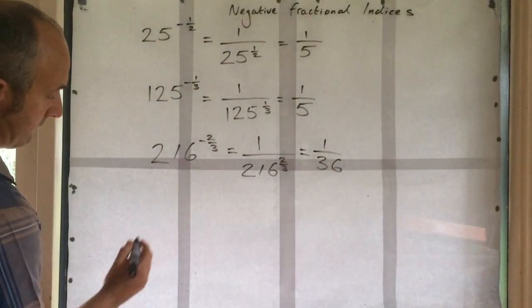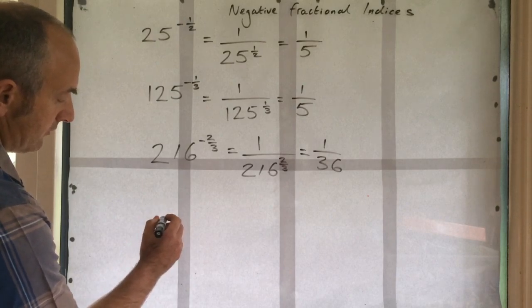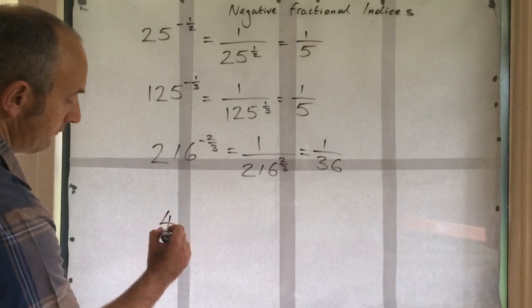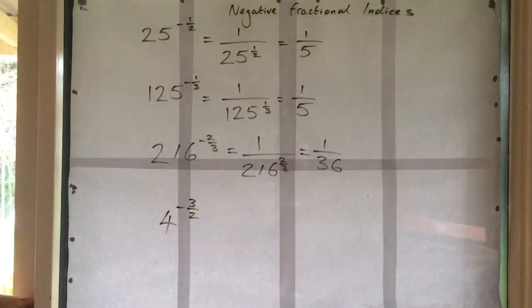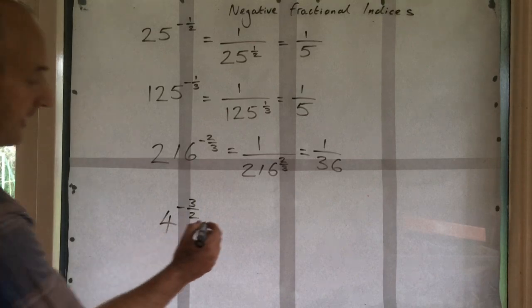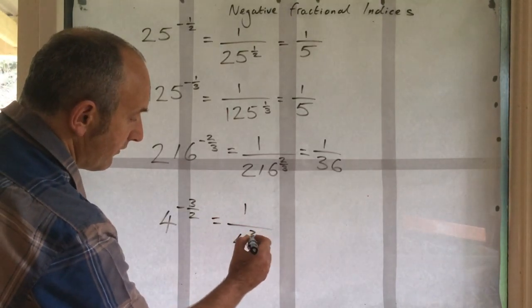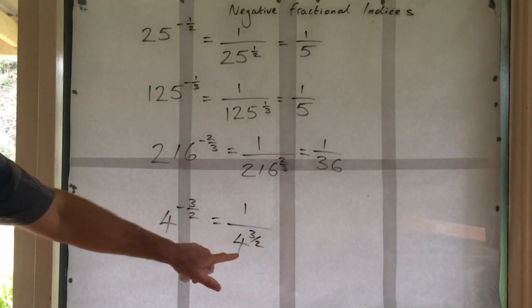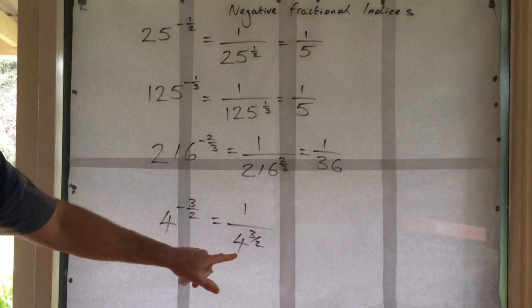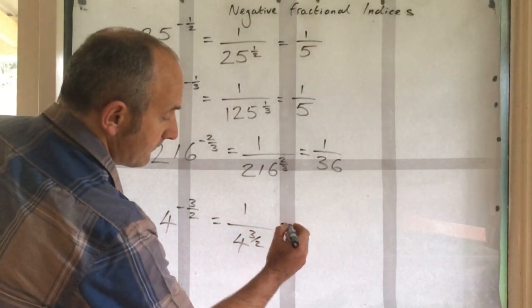Let's do another one. 4 to the power negative 3 over 2. So now we end up with 1 over 4 to the 3 over 2. So now we're asking, what is the square root of 4, which is 2, and then we cube it, which is 8.